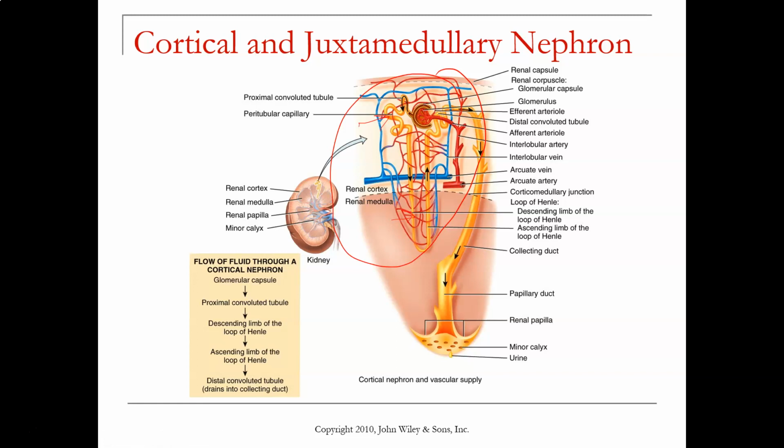This kidney tubule is mostly in the outer part of the kidney, which is called the cortex. This part out here is the cortex. So a little bit of it goes into what's called the medulla, which is deeper to the cortex. But since most of it is in the cortex, they call it these cortical nephrons, or kidney tubules.